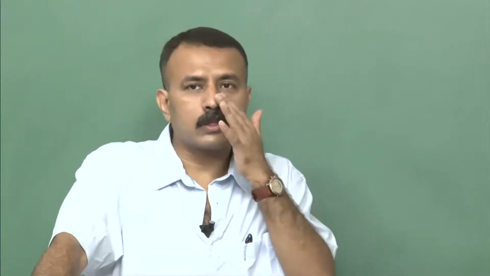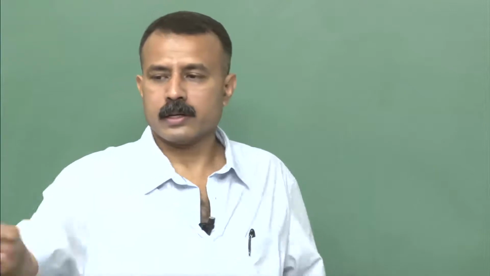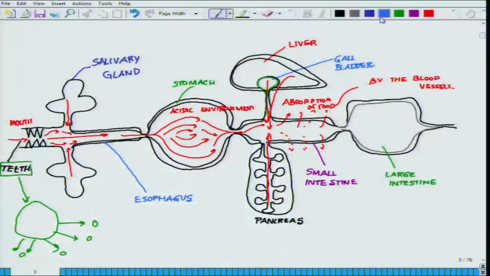It is here that any defect in this zone leads to a person being diabetic or having some kind of liver problem. It is at this critical zone of the pathway that major problems arise.